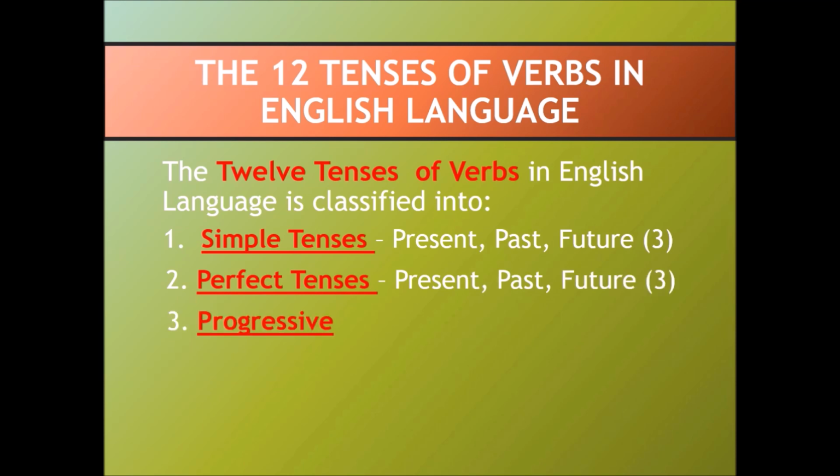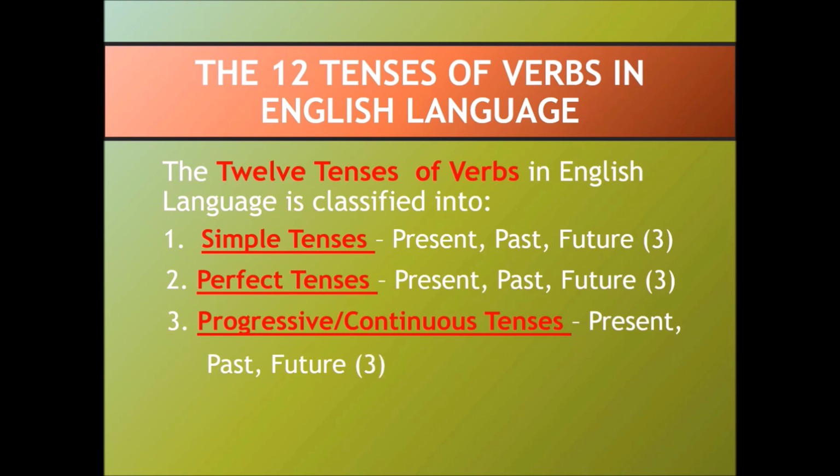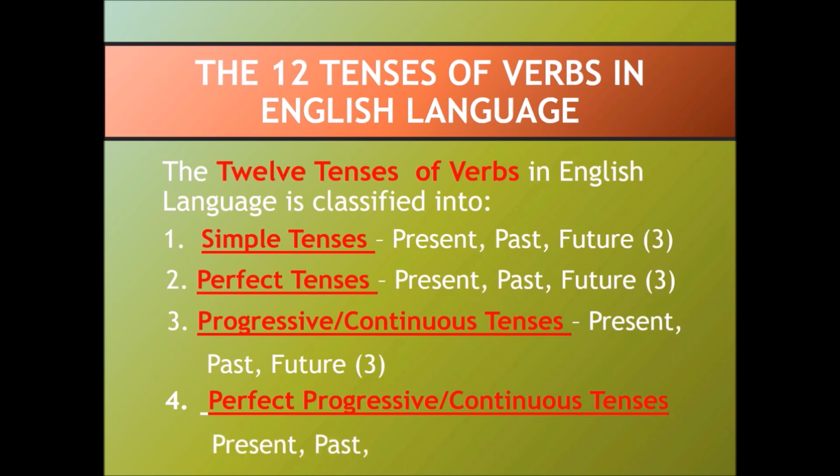The third is the progressive or continuous tenses, present, past, and future, also 3. And the fourth, to complete the 12 tenses, is the perfect progressive or continuous tenses, present, past, and future, also 3.